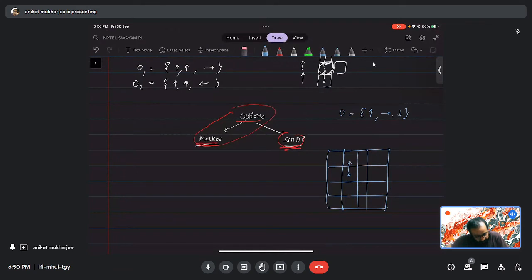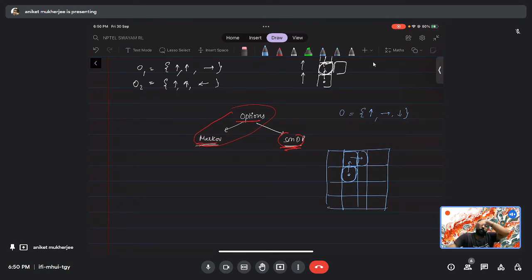Now what happens is, what action I take in this state depends on what option I have taken in this state. And what action I take in this state also depends on what option I have taken in this state. So there is a second order Markov. It's not just the immediate history, which Markov does, but it's two times the previous.